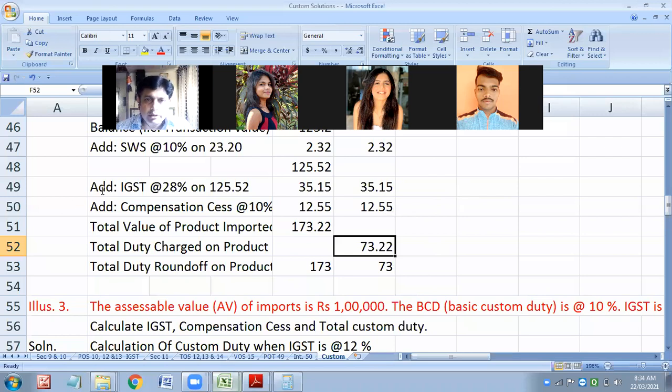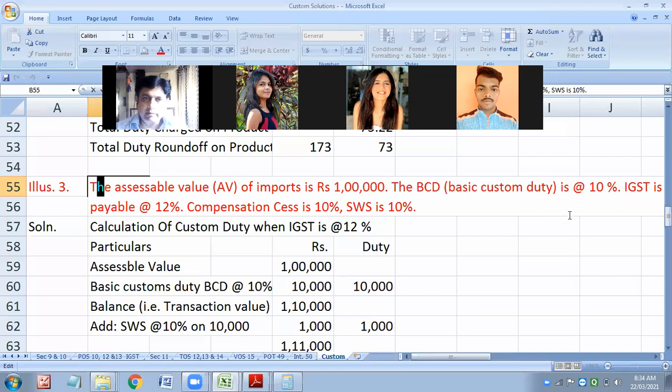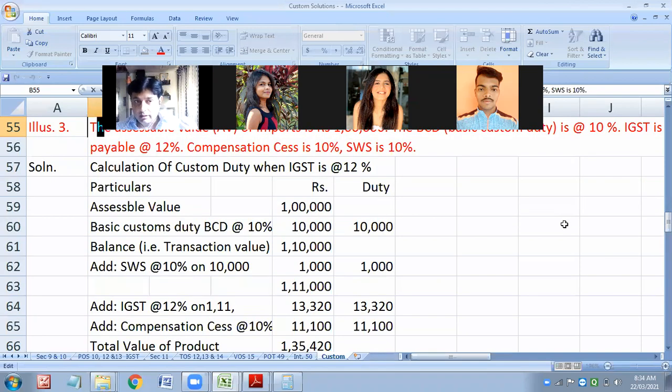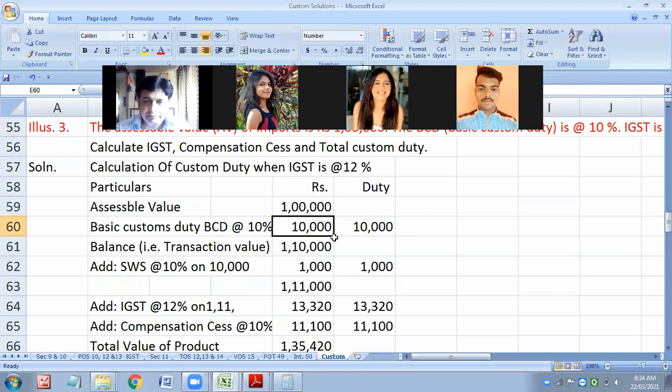So this is my question. Assessable value 1 lakh. I am thankful to Meghna and Rostin who got me the right answer. Basic custom duty 10% of 1 lakh is 10,000. SWS will be on this 10,000.